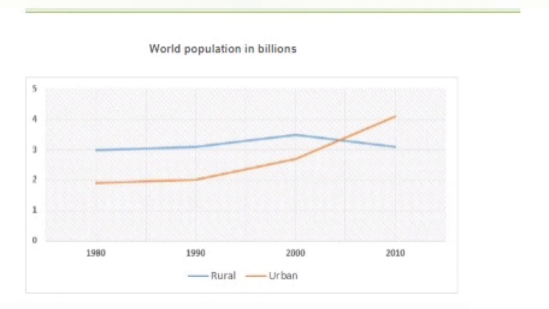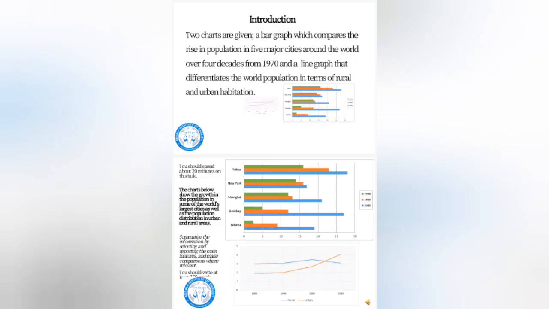So once the data is properly analyzed, now the time is to think about the structure. We are going to have an introduction paragraph. And in the IELTS examination, what we usually do, in our introduction paragraph, we write the type of diagrams that are given.